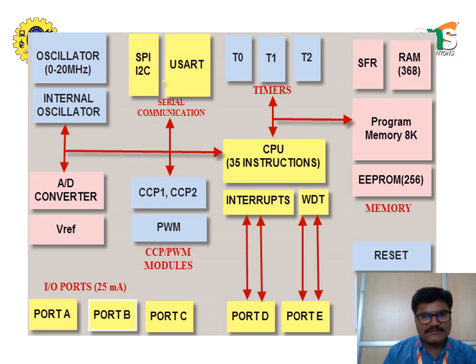These converters convert the analog signal into digital values, enabling the microcontroller to process real world inputs. Timers and counters: four timers, including 8-bit and 16-bit configurable ones, which are used for precise time delay and event counting. Then interrupts.